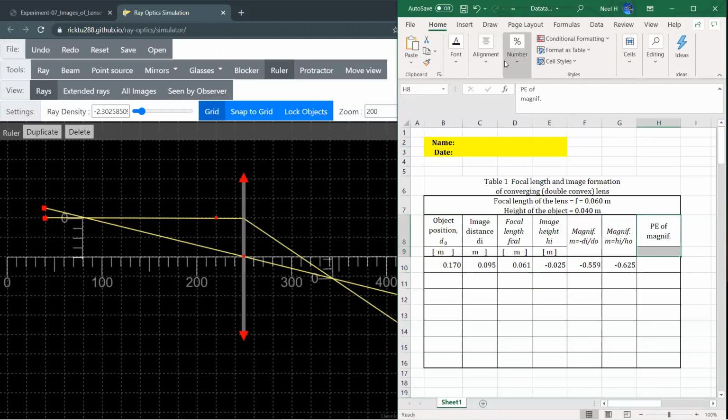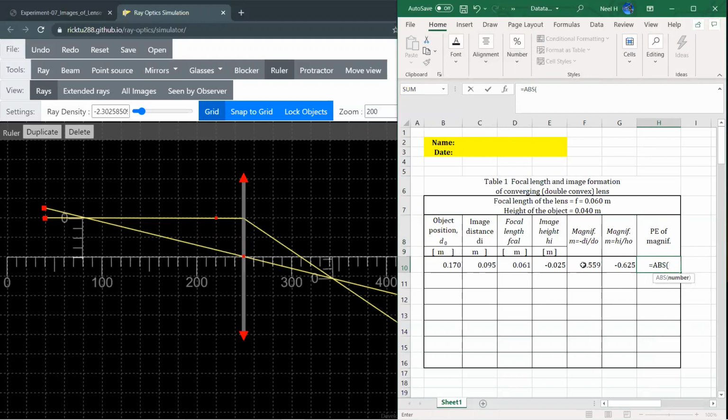Okay, so let's do percentage error here, comparing those two. The distances will be more accurate than the height. Equal sign, ABS, parentheses, it doesn't matter which goes first, we'll do percentage difference.